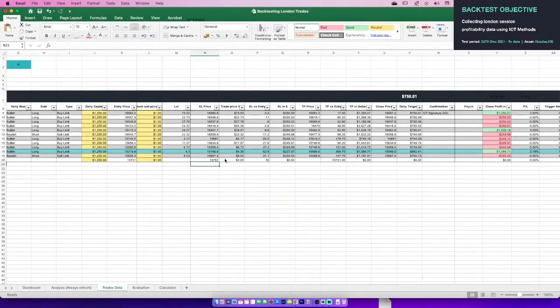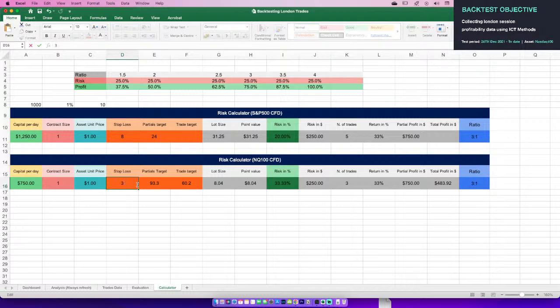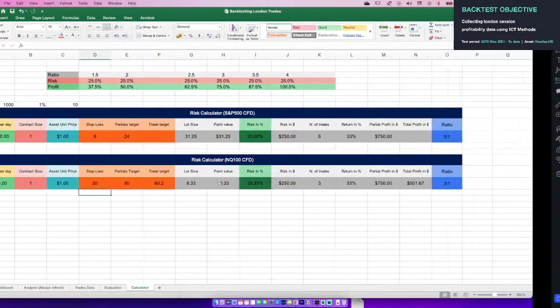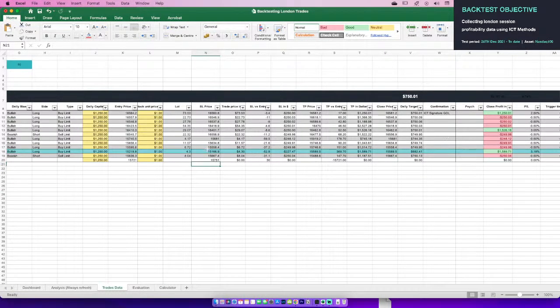Which means the lot size would have been 8.33. So the lot size, where is it again? 8.33. Sounds about right.